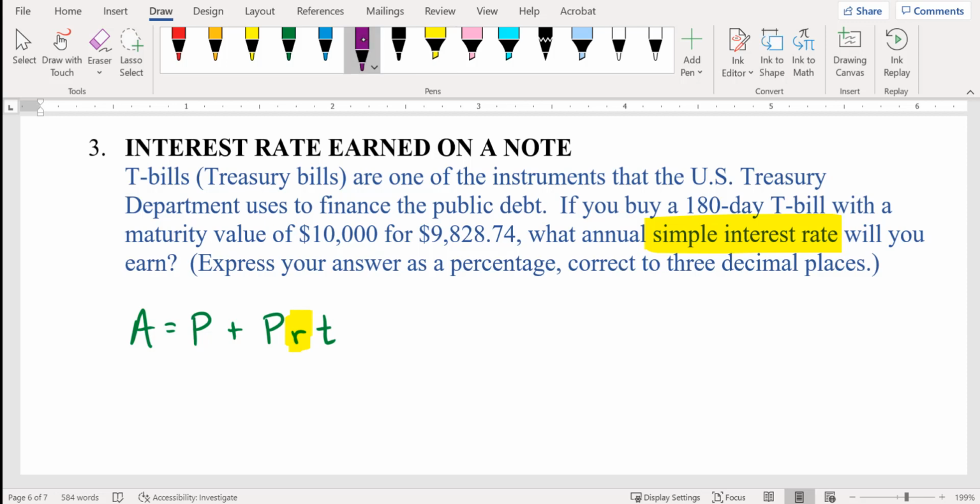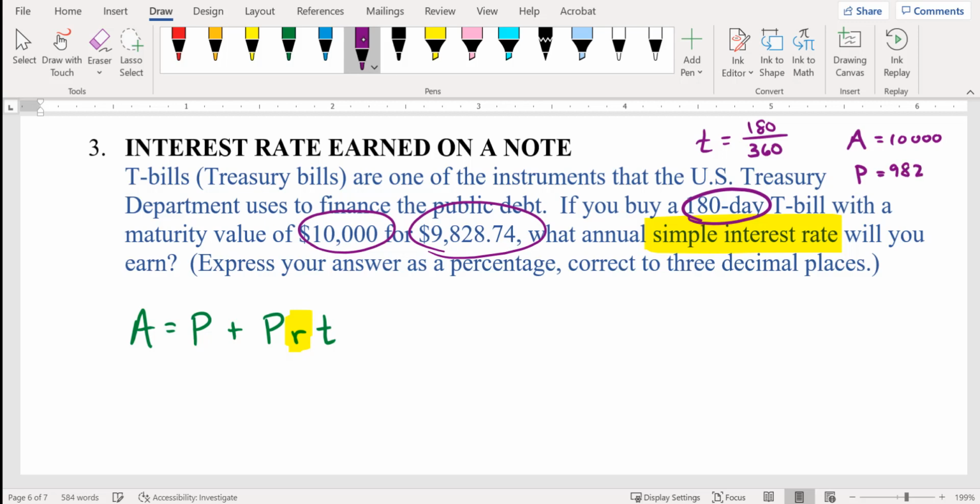Okay, what does this problem give me? 180 days, and I'm going to use the banker's year of 360 days. A maturity value, so a future value, A is going to be 10,000, and the principal is going to be 9828.74.